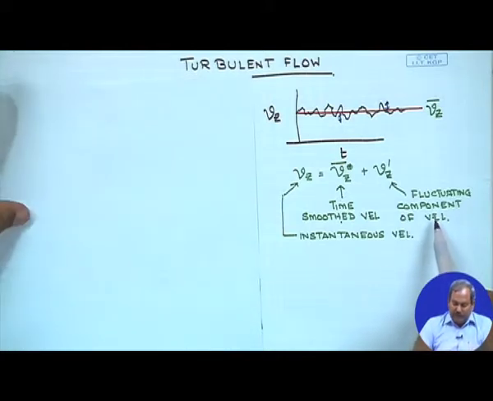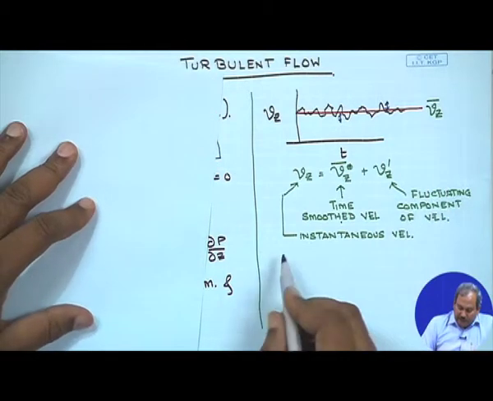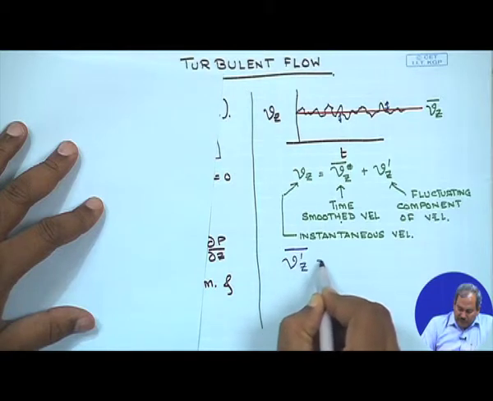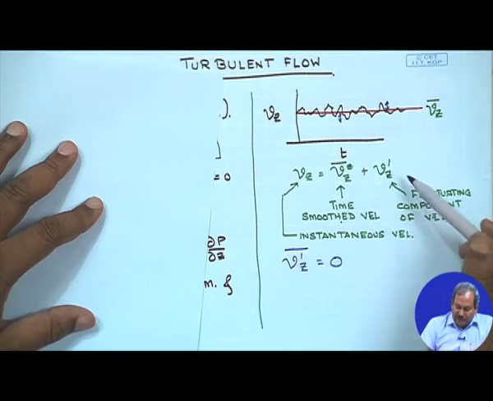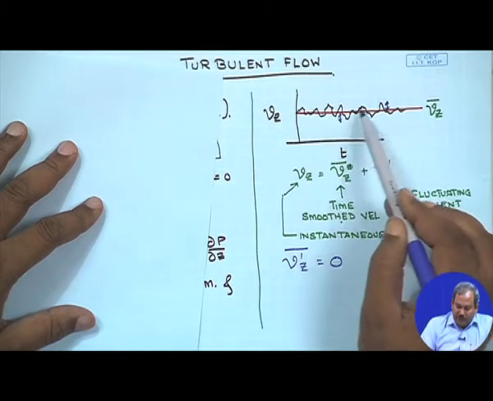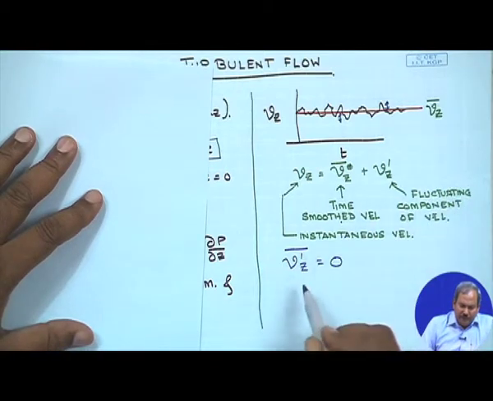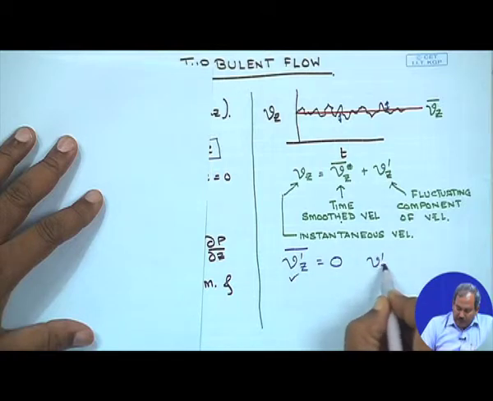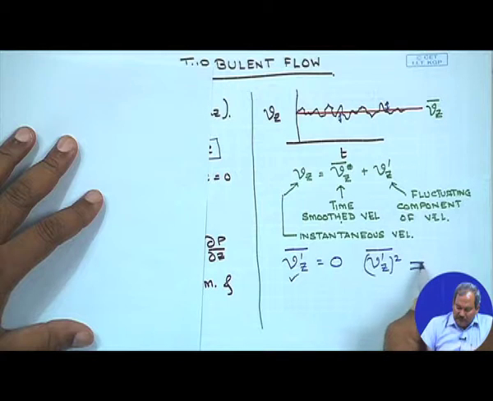Now, if you look at the fluctuating component of the velocity, and if you decide to take a time average of the fluctuating component, then you can clearly see that this would be equal to 0. That means, when you take the average over a large time domain, the fluctuating component will be 0. However, V prime Z square, if you take the time average of this, is not going to be equal to 0.